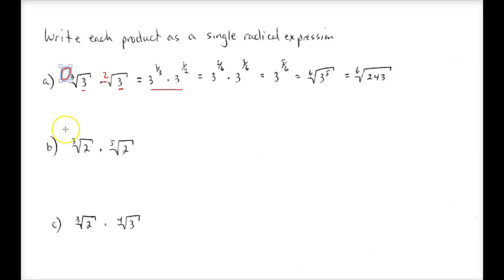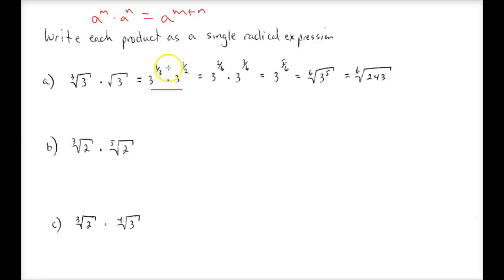Cube root of 3 is just 3 raised to the 1/3, and square root of 3 is just 3 raised to the 1/2. Since the bases are the same, we're using the exponential rule that if we have two exponential expressions with the same bases and we're multiplying, we can add the exponents.